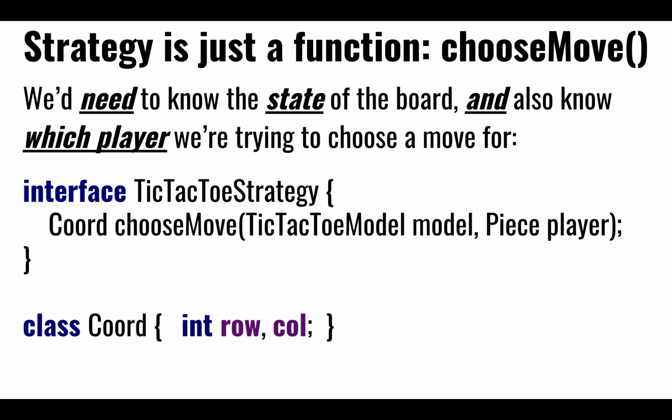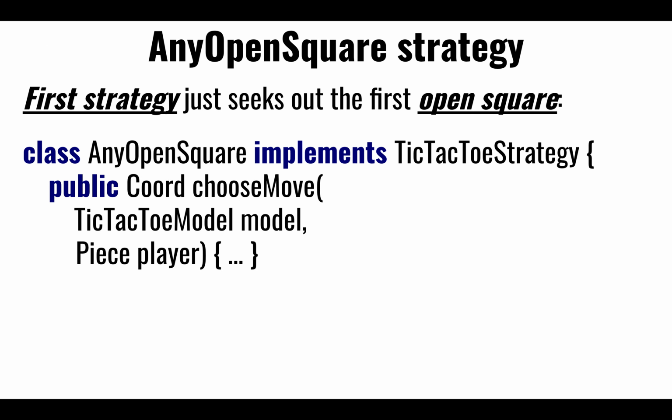So let's take a look at implementing at least the simplest of these strategies. The simplest of strategies will look something as follows. We'll call it the any open square strategy. It's its own class, implementing this one function. And the function here could be done randomly, or it could be the first spot that we find that is open.